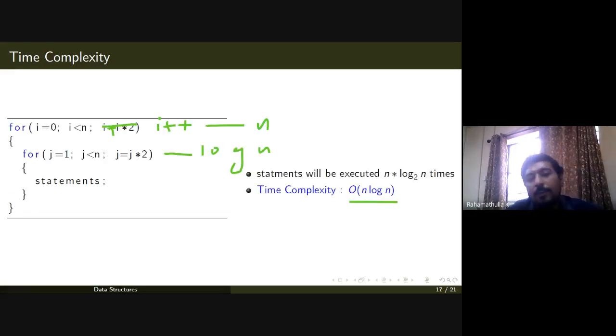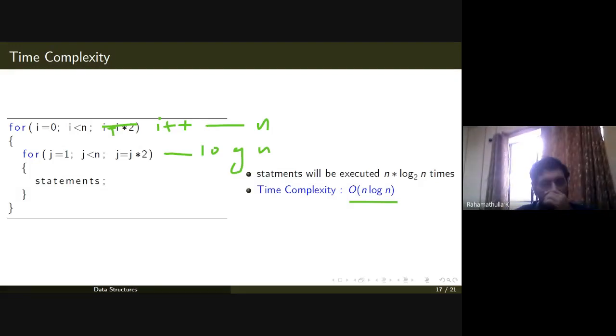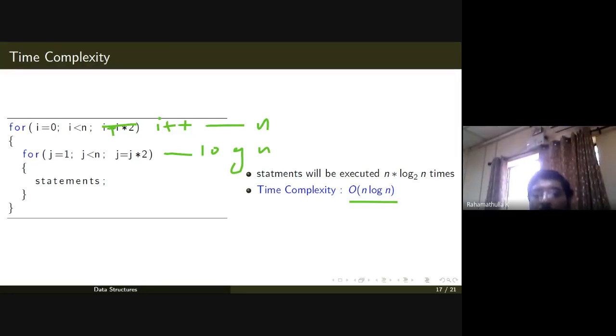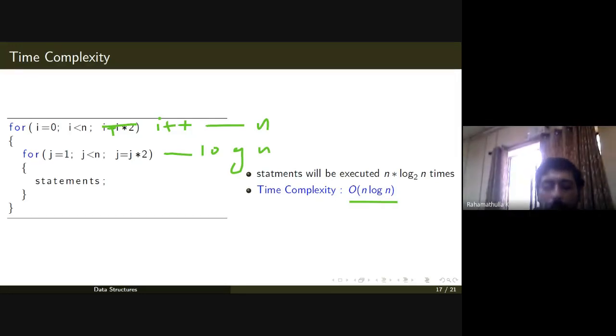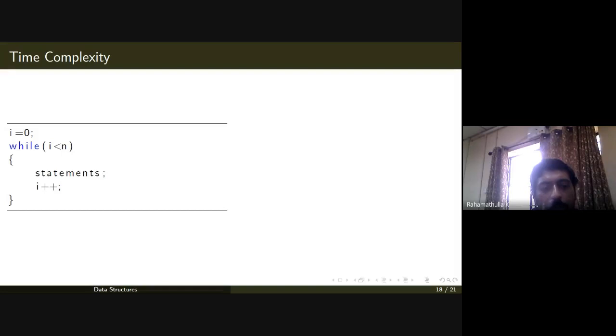So I have covered almost all the possible combinations of iterative statements to discuss their time complexities. Just a small example related to a while loop as well. While i less than n, then statement. The statements will be executed how many times? I equal to 0, the statement will be executed.